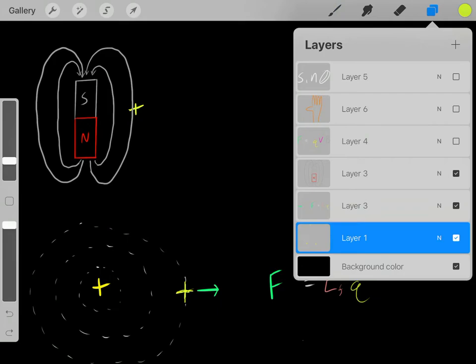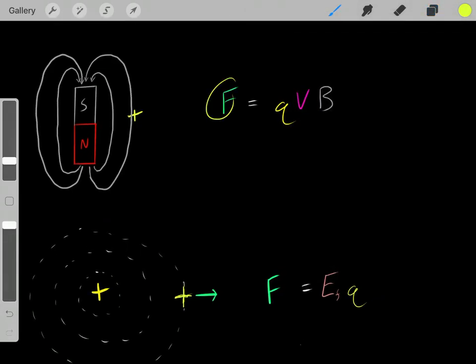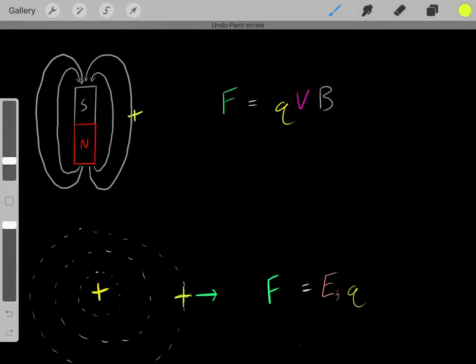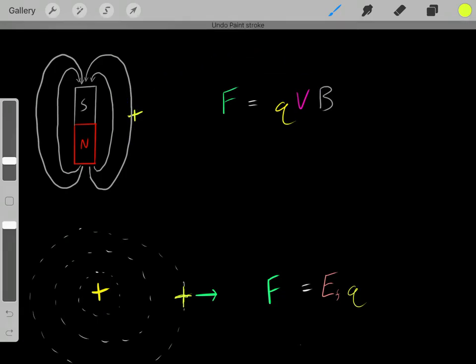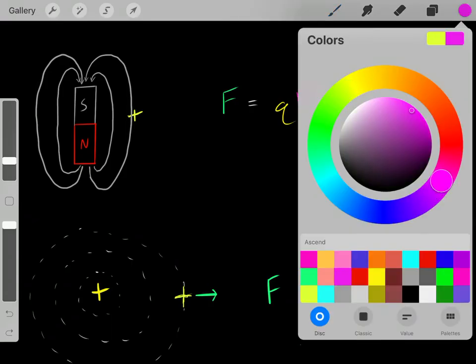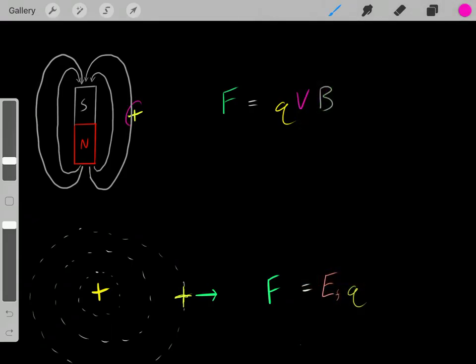Well, we use this equation. The magnitude of the force that a charged particle feels equals the magnitude of the charge, multiplied by the velocity of this charge, multiplied by the strength of the magnetic field that this charge is in. So, for example, let's do an example. Let's say that this is a 1 coulomb charge.